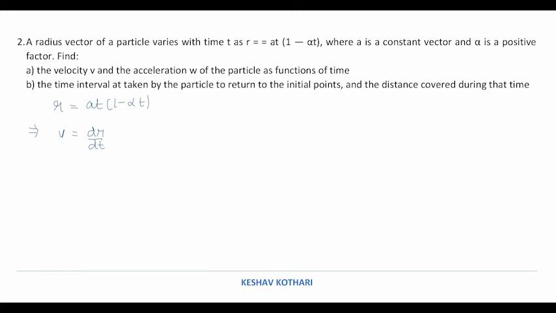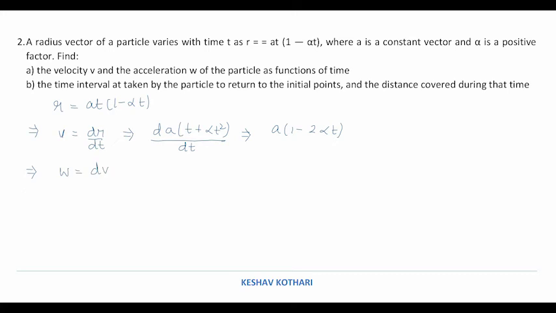So on differentiating, we obtain the derivative of a t plus alpha t square with respect to t. A is constant, and we can differentiate this function to obtain a(1 minus 2 alpha t). So this is the equation for velocity of the particle as function of time. If we go for the calculation of acceleration, we are denoting acceleration with w over here.